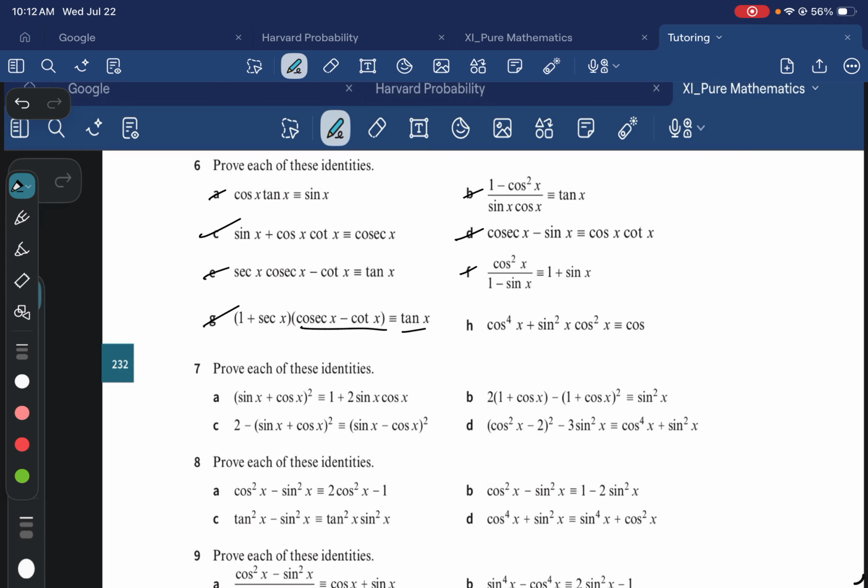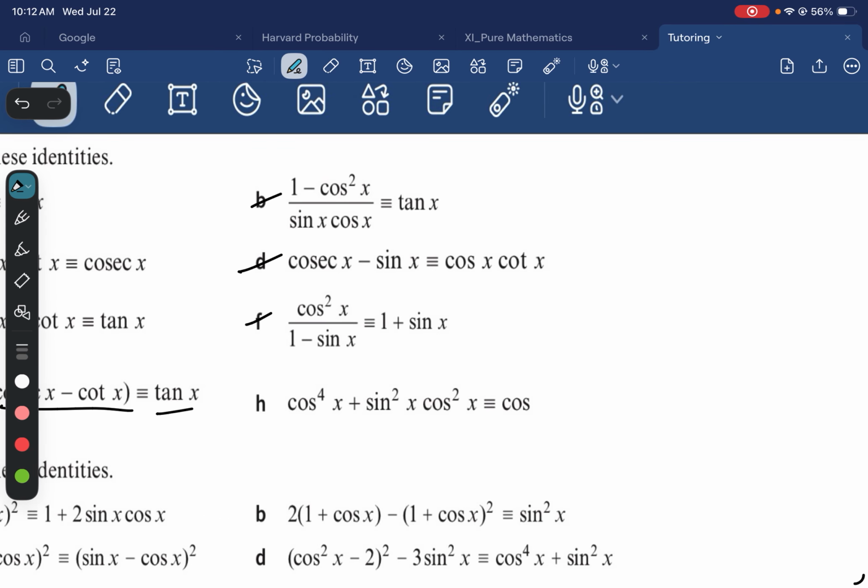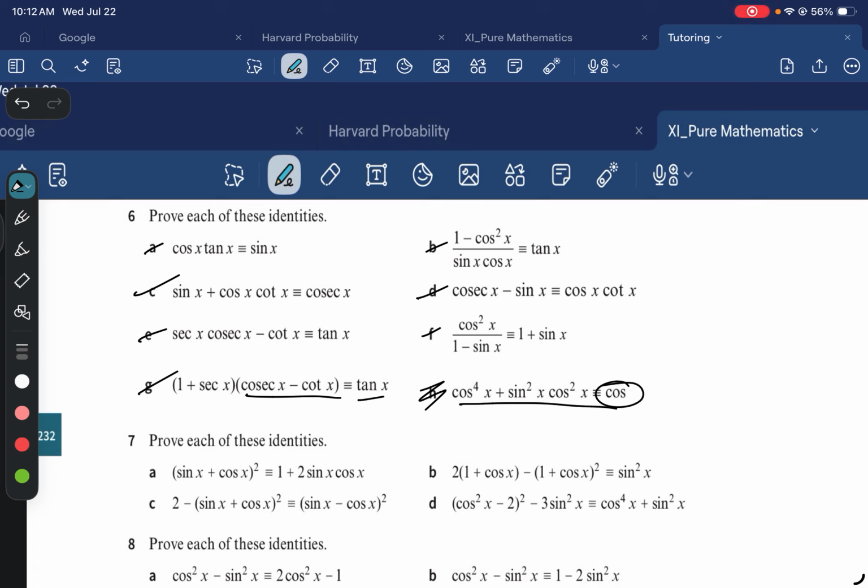Now for part H, I have this very ugly looking expression, and the question is incomplete. So we'll just leave it. It has to be cos of something, right? It can't be just cos.